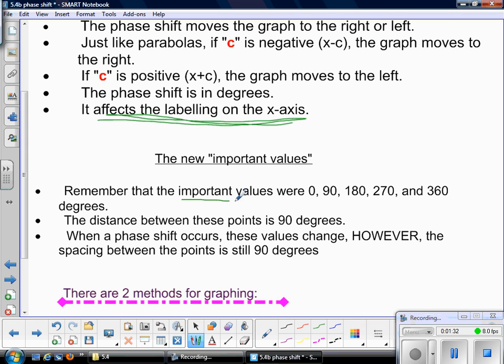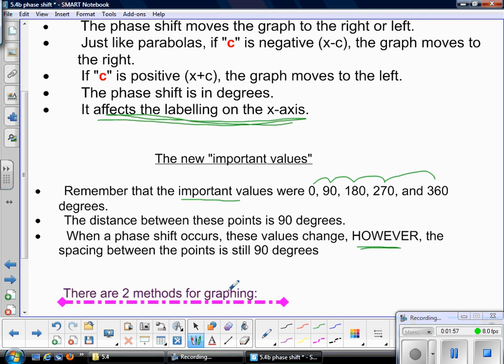Remember, our important values were 0, 90, 180, 270, 360, and I'm sure you're tired of me saying that. But what happens, the distance between them was all 90 degrees. Now when a phase shift occurs, these values change. However, the spacing between the points will still be 90 degrees. Okay, and we're going to do some examples so you can see what happens there.